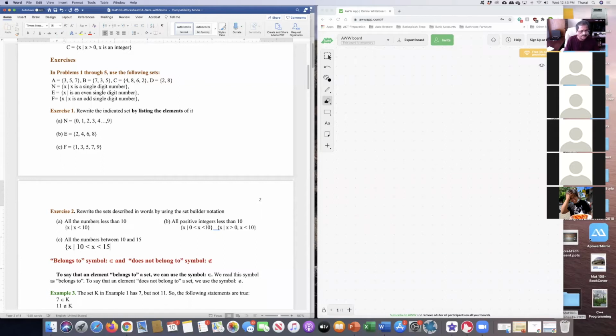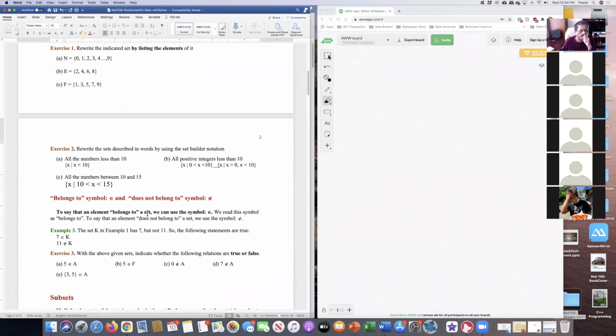Now, when do you use less than or equal? Only if it says all the numbers between 10 and 15 inclusive. The word inclusive, if you throw that in, means the endpoints are included. That's when you use less than or equal to. Okay, so that settles that.